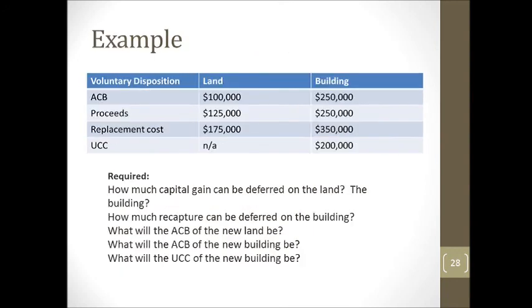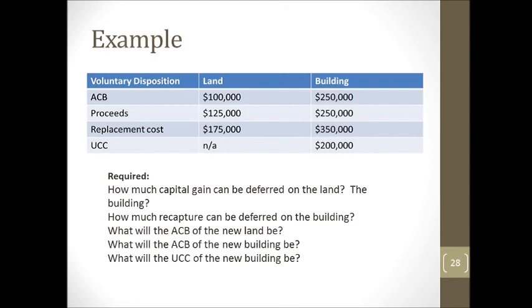Flipping slides, here is an exercise that will allow you to practice applying the replacement property rules. In this exercise, there is a voluntary disposition of land and building. Assuming that the replacement property occurs within the required time frame, answer the questions on the bottom of the slide.